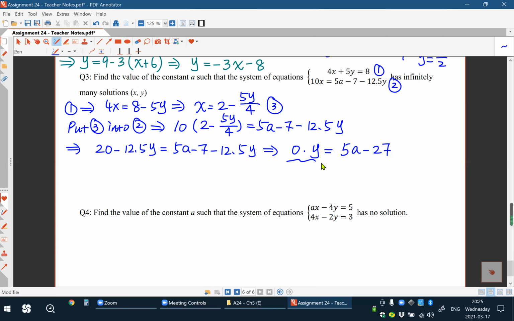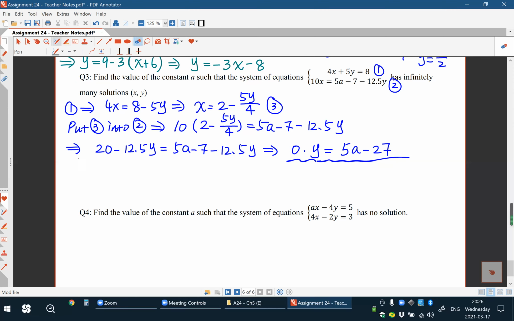So from here, you can analyze what the value of a is to make the system have many solutions. In order to achieve that, the right-hand side must also be 0, right? Because the left-hand side, no matter what the value of y is, is always 0. In order to make this equation hold, the right-hand side must be 0.